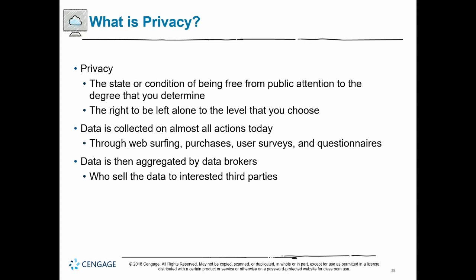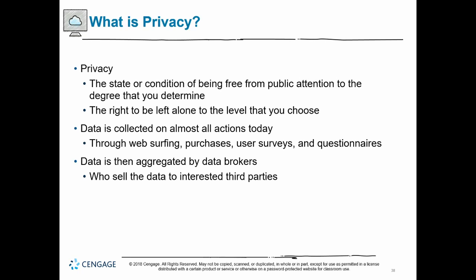I hate to break it to you guys, but all your ISPs and your telephone companies, whether it's AT&T, Verizon, whatever it is, they're actually collecting your data and selling it to the highest bidder.